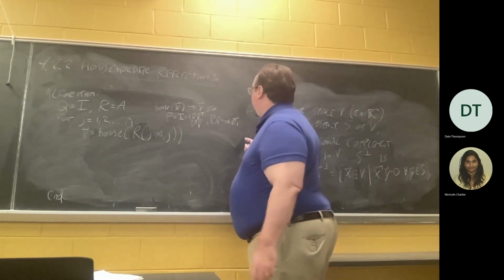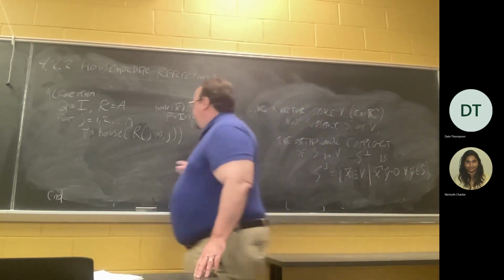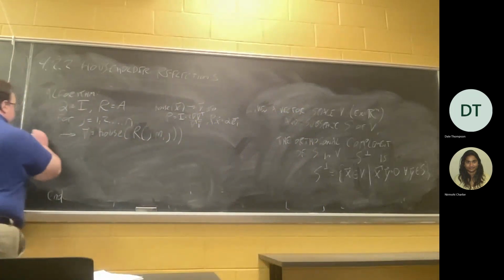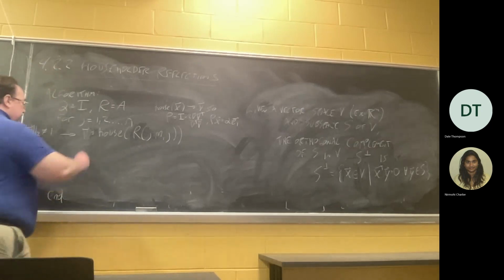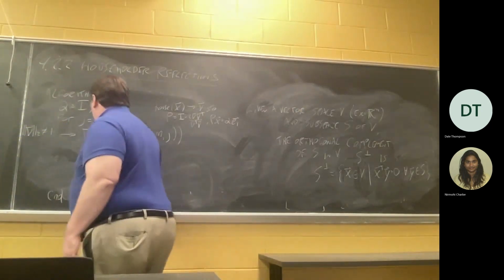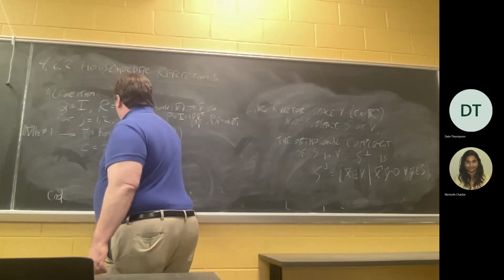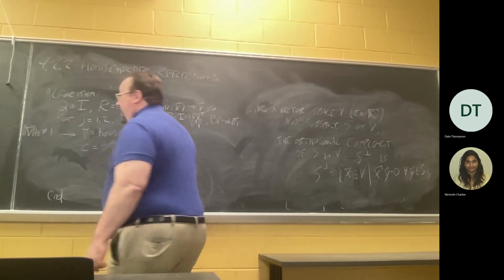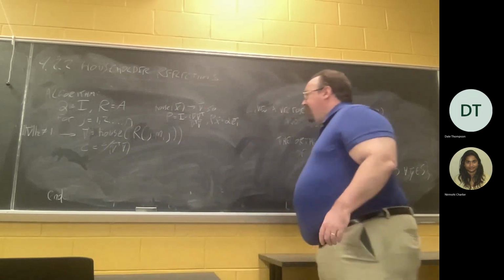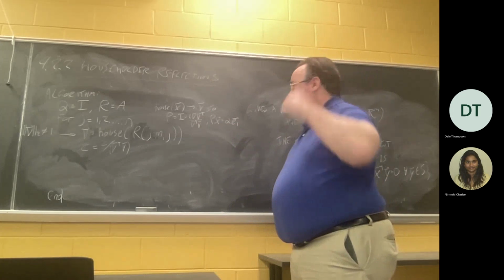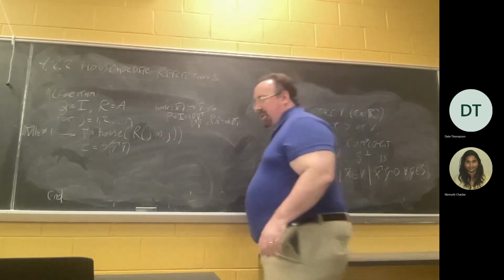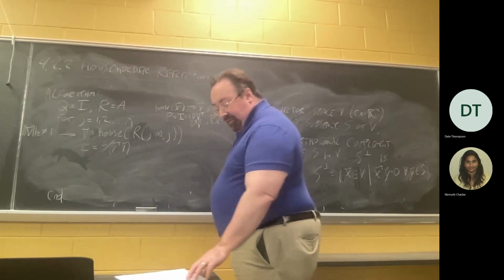Okay. So this vector here is not assumed to be a unit vector, but to account for that, you define a scaling factor c to be 2 over v transpose v. That has the effect of normalizing v, just not explicitly.